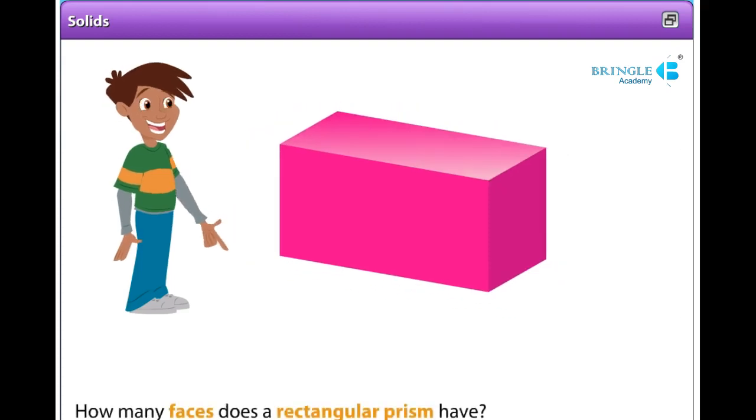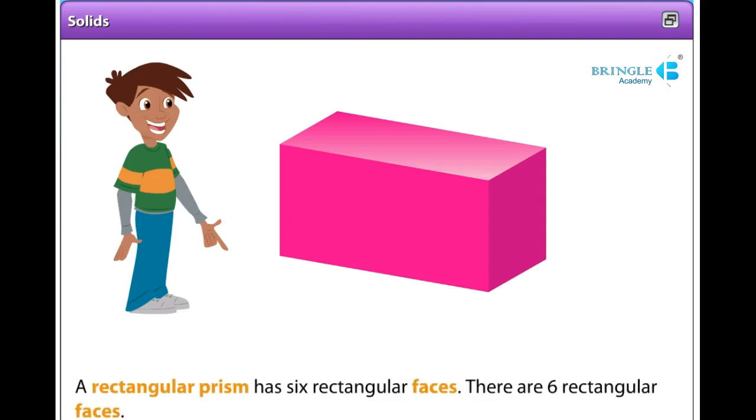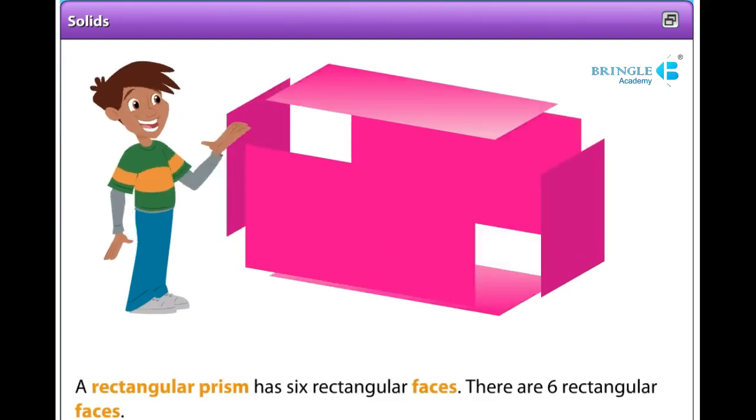How many faces does a rectangular prism have? A rectangular prism has 6 rectangular faces.